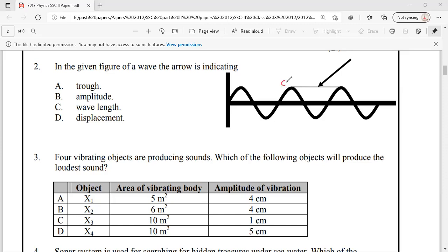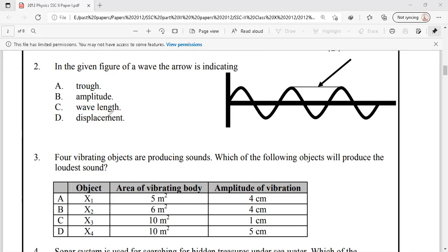So, this is a crest, and this is the next crest. The distance between two consecutive crests is known as the wavelength of the wave. So the correct answer for question number two is option C, that in this diagram, the arrow indicates a characteristic of a wave, that is crest.